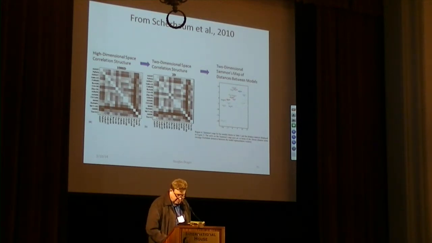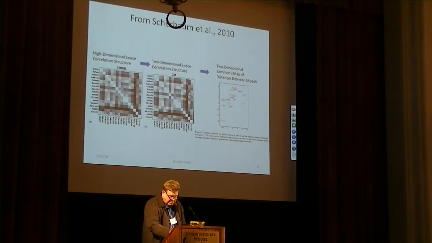And what Scherbaum has shown is that there are techniques in which you can map from the high dimensional space to a lower dimensional space, and in particular, a two-dimensional space. The actual numerical computation is done so that the correlation structures for the high dimensional space and the two-dimensional space are equivalent.